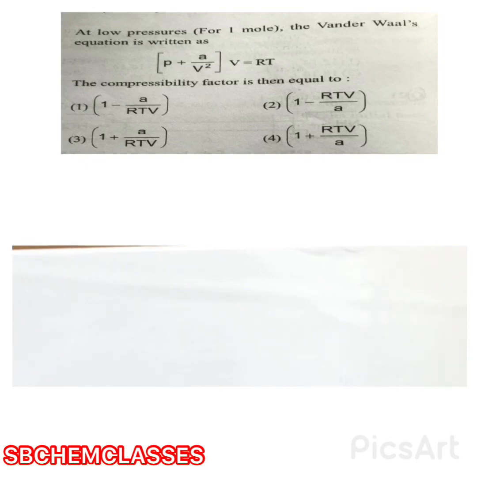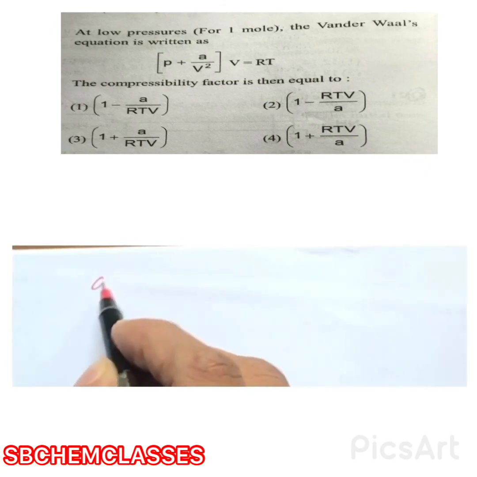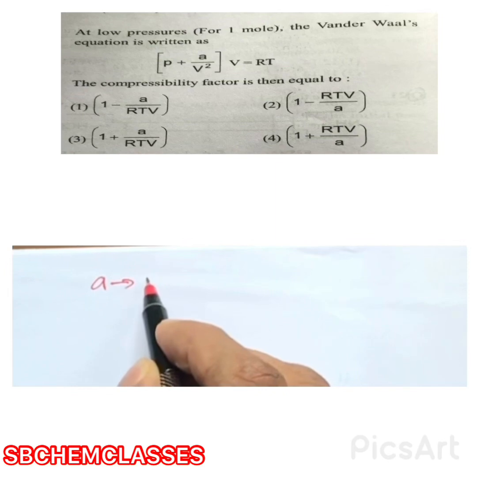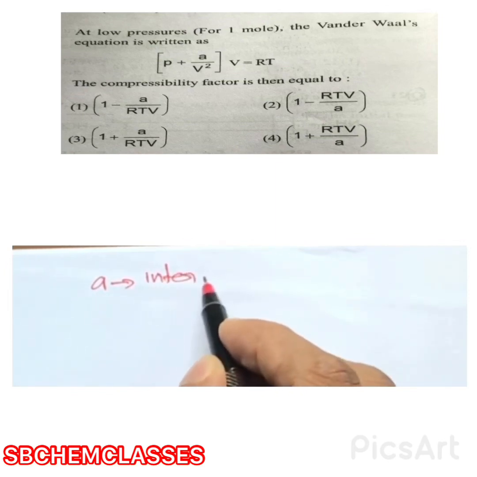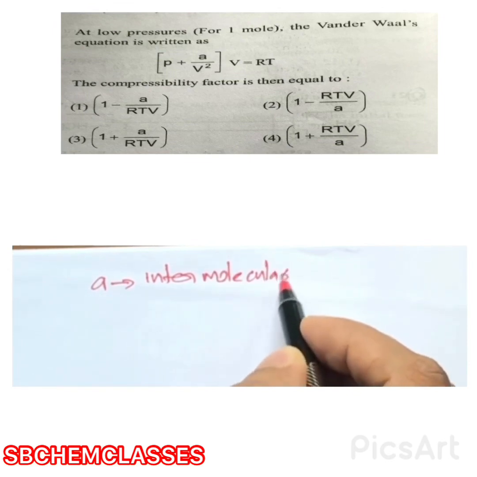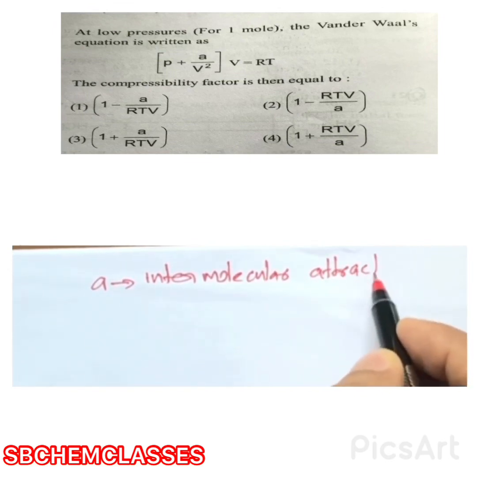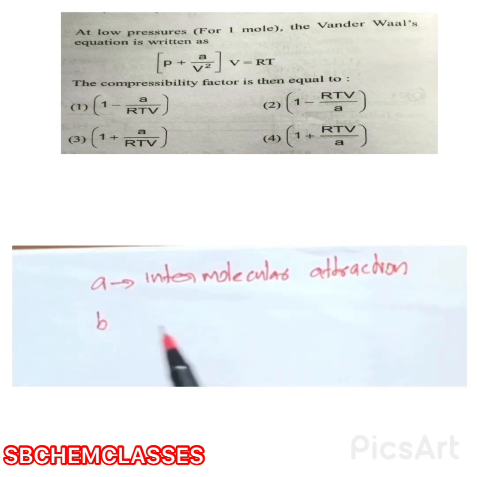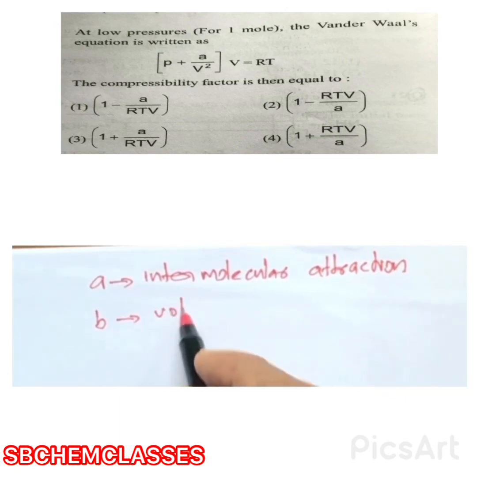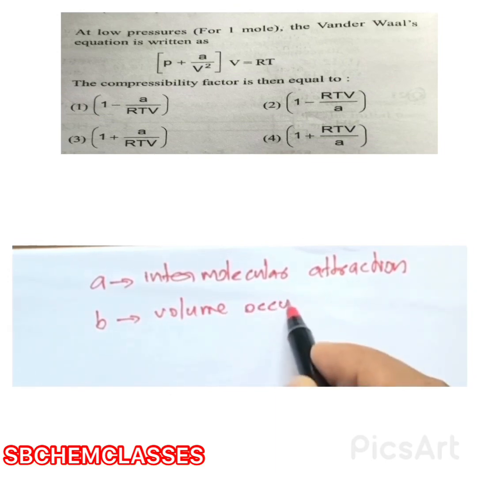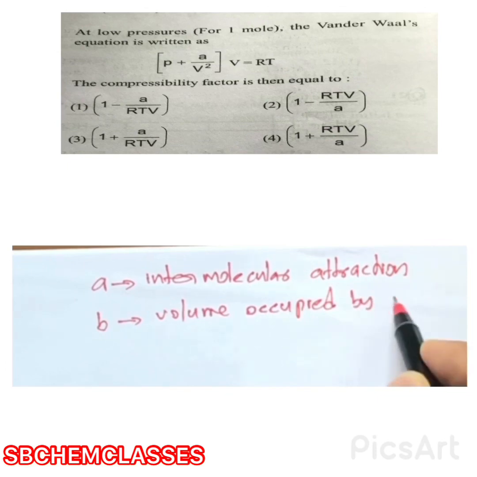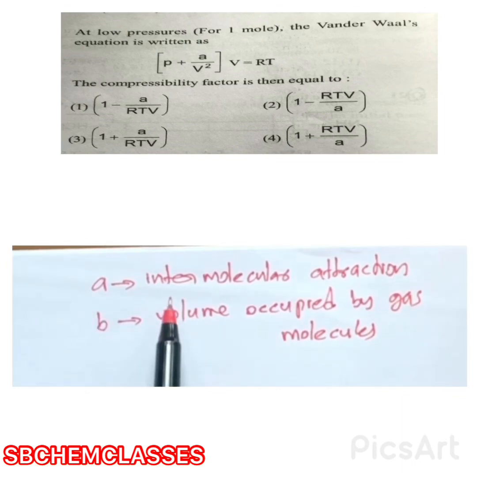In this question, the van der Waals equation is used. In the van der Waals equation, the constant a depends on intermolecular attraction, and the constant b depends on the volume occupied by gas molecules.